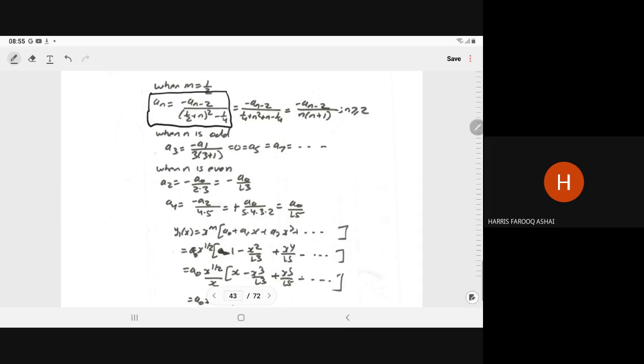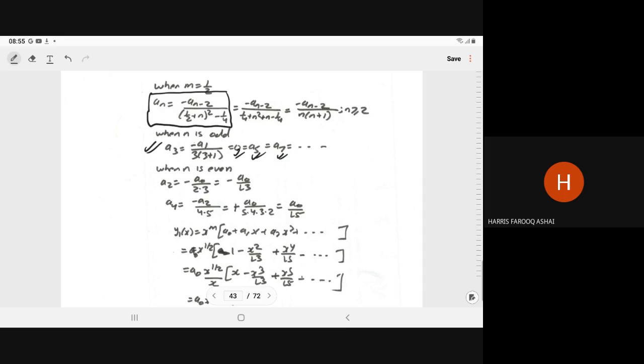So from here you can compute the value of a odd n. Odd n depends on a1, a3, a5 and so on. So a3 will come 0, and then a5 in terms of a3 will become 0, a7 in terms of a5 will become 0. So here we have all 0 for m is equal to half.